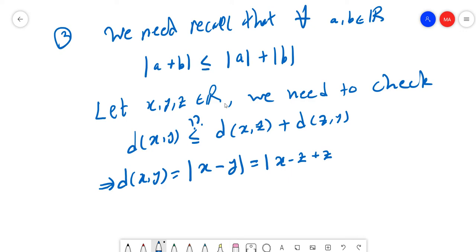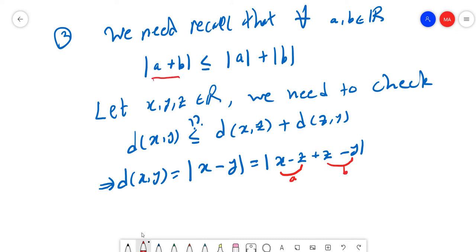I just inserted negative z plus z inside the absolute value here, minus y. Let us call this A and B, right? This is A and this is B.